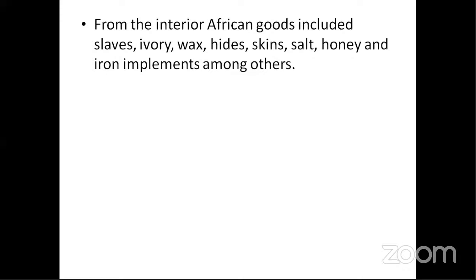Now when you look at the slaves, this answers the question of someone who wrote in the chat: were slaves part of the trade? I think you can see from here, slaves, ivory. I've already told you that the people that carried the ivory and other goods to the coast could also be sold at the end as slaves. Okay.